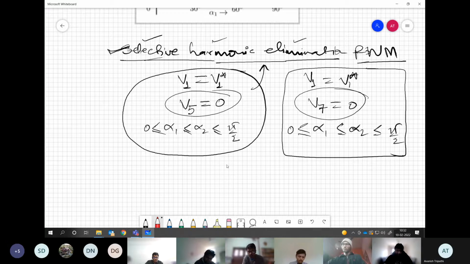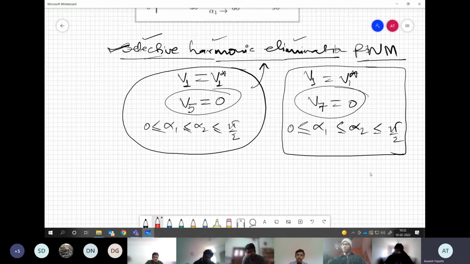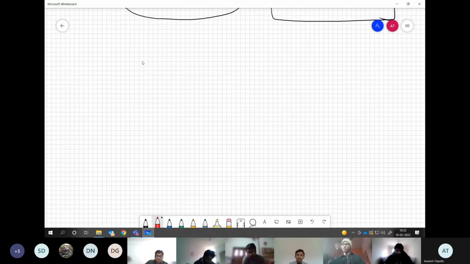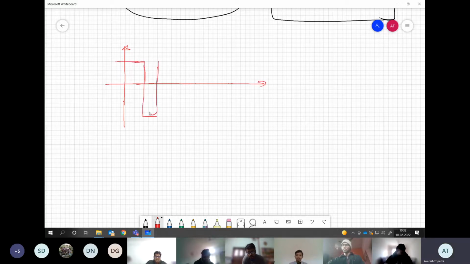Then the situation comes back to the, Sir, for V7, 3 switching angle. Yes, alpha 1, alpha 2, exactly. So when we are talking about our pole voltage, we need to see how many degrees of freedom we actually have, which means how many independent switching angles are there within this quarter cycle.